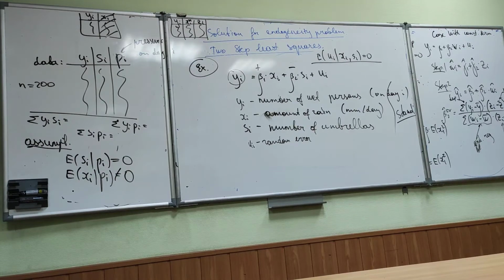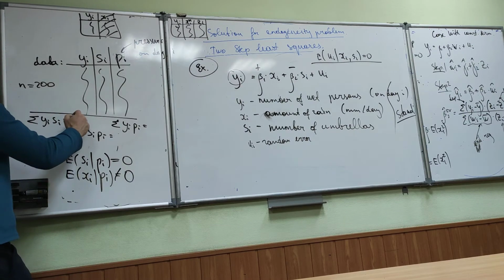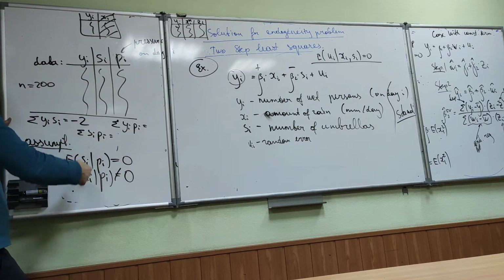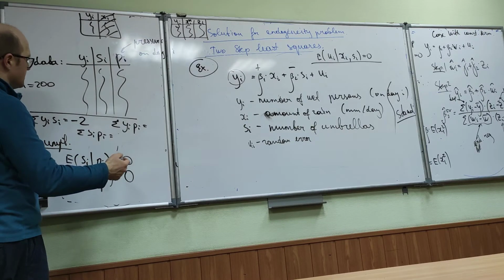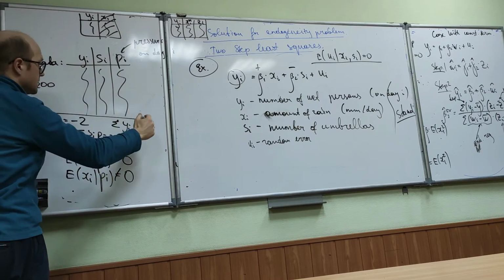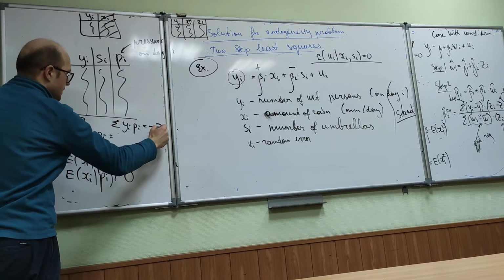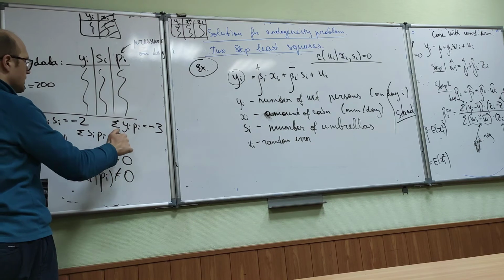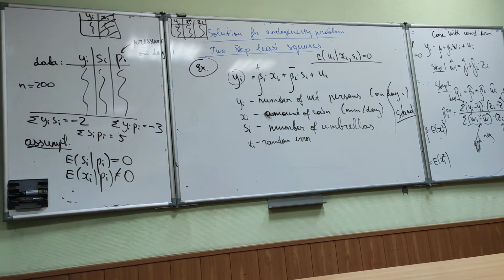Let's say minus 2, y pi is minus 3, and s pi is 5. Okay? I give you some data.